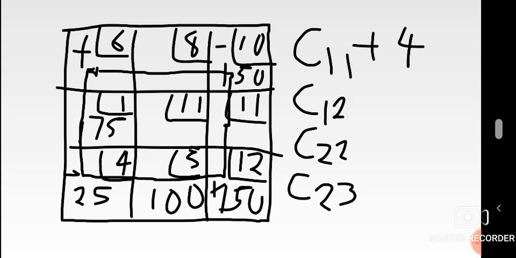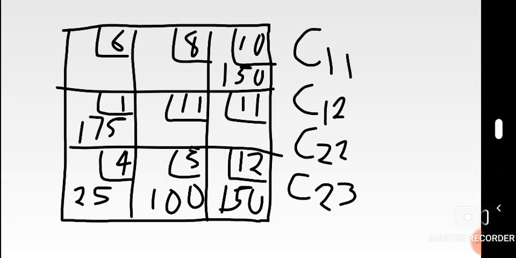You only stop once you have found positive values. Let's proceed. Let's go to the next unallocated cell. The next unallocated cell was the one having a cost of 8, which is in position row 1, column 2.